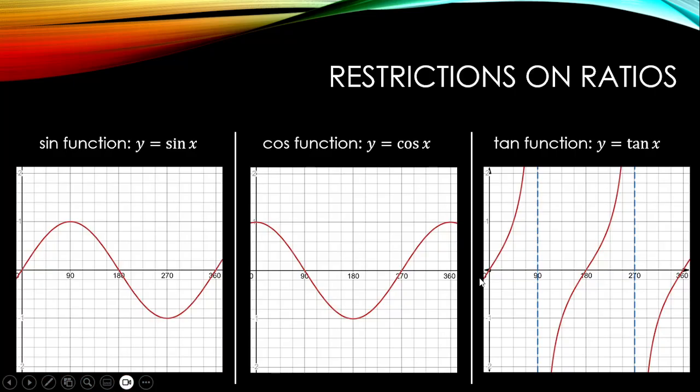First of all, I want to just recap on the restrictions on the ratios because I can't explain how important this is for you to understand. Remember from the last video, sine's highest is 1, lowest is -1 on the y-axis. Same with cos. The highest is going to be 1, lowest -1. We can't go above 1, can't go below -1.